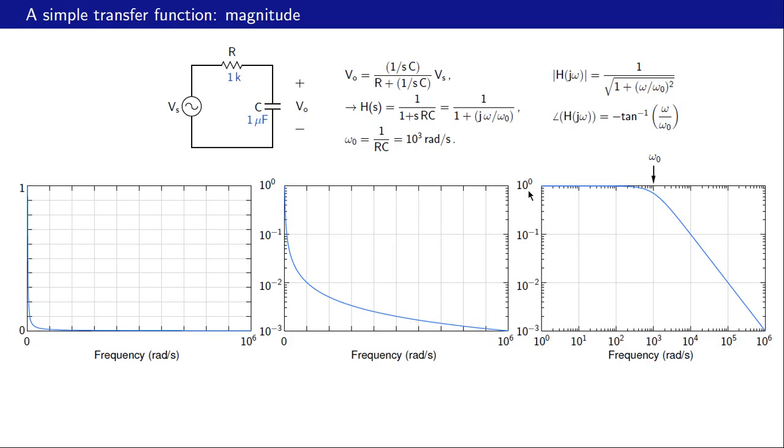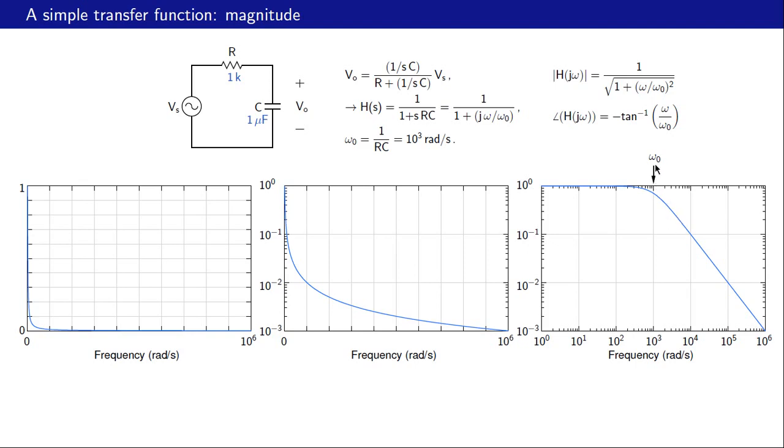And at high frequencies, we see that mod of h falls as omega increases. And in fact, these two regions, the high frequency part and the low frequency part, meet at omega equal to omega 0. So that indicates the boundary between these two regions.